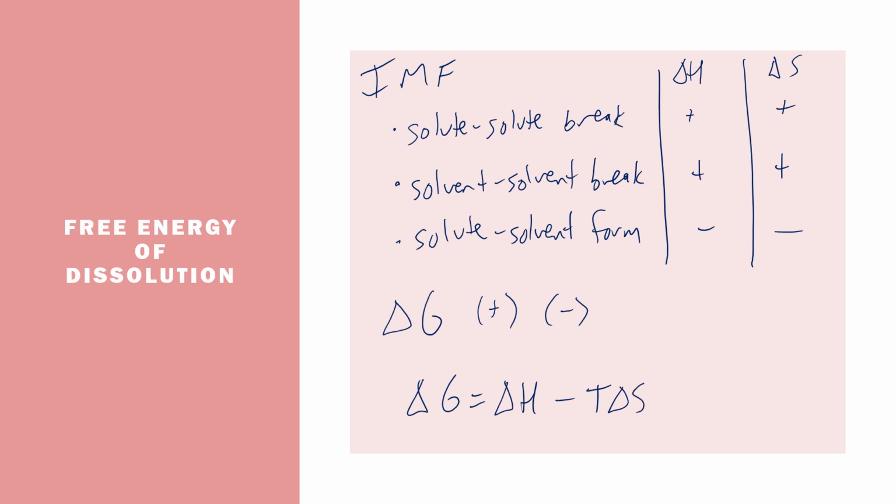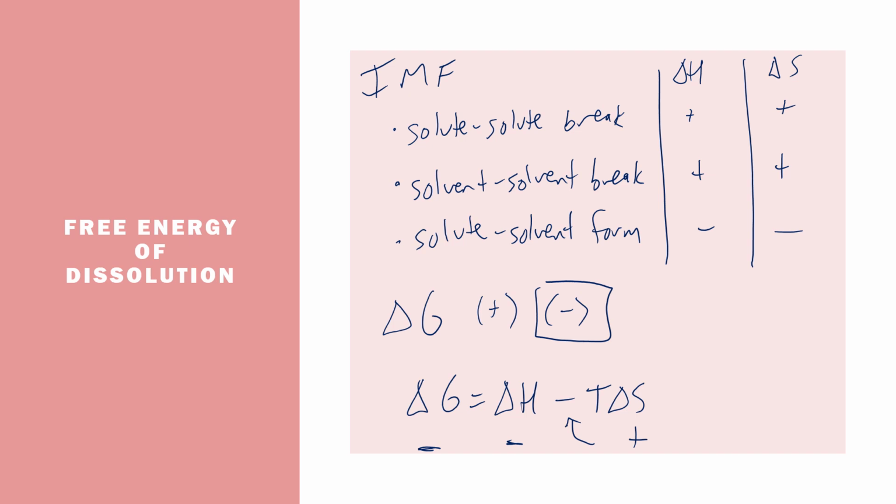If you want your dissolution to happen in a thermodynamically favorable process, we want delta G to be negative. And delta G is more likely to be negative if delta H is negative or if delta S is positive, because you're subtracting this T delta S term.